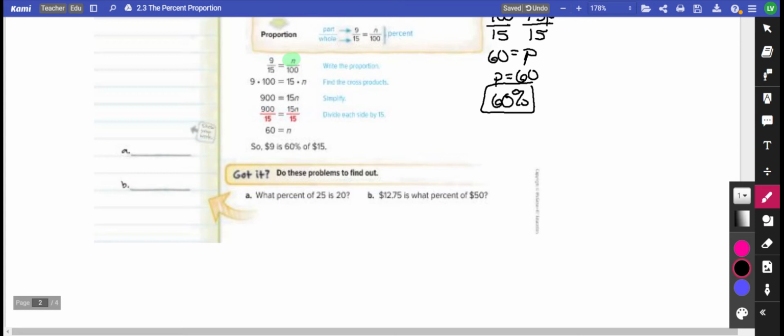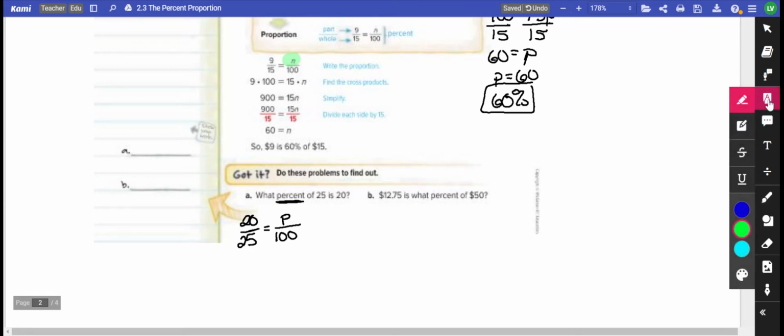So we're going to find what percent of 25 is 20. So I'm going to set up my proportion. This is out of 100, so I'm going to find my percentage. Then I want to put my part, which is 20, divided by my whole, which is 25.